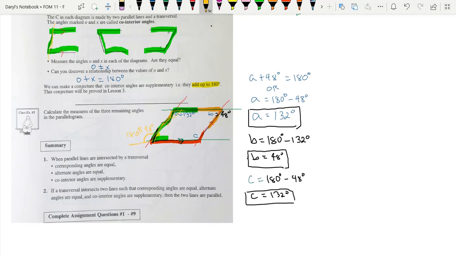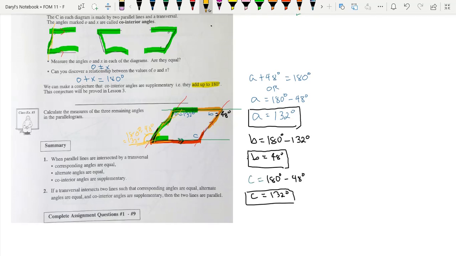The reason for that is, is it not that this is just a straight line? So if I draw a straight horizontal line there, the sum of 48 and this angle here should give me 180 degrees. So therefore, this particular angle here is just 180 minus 48, or 132 degrees. So that is just the Z pattern.